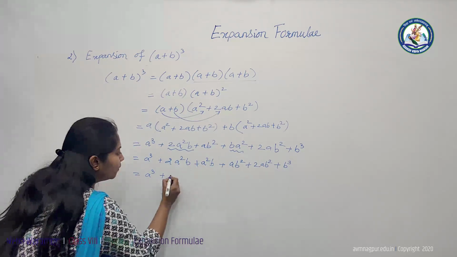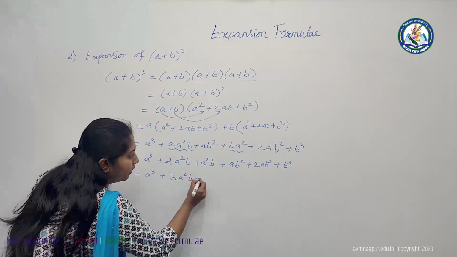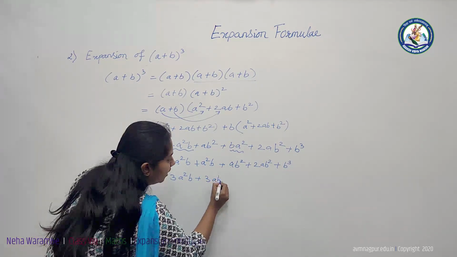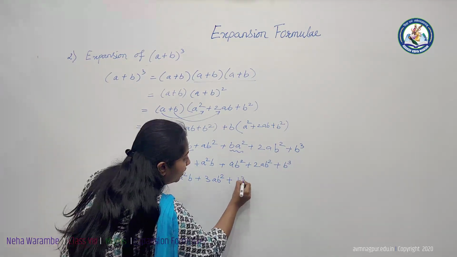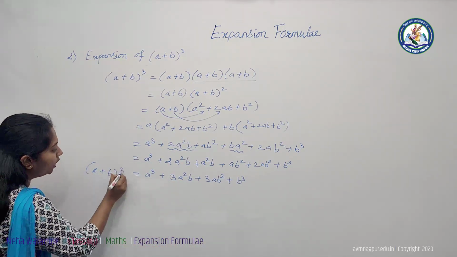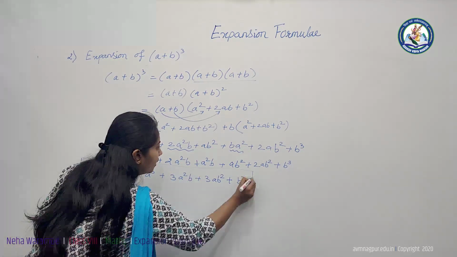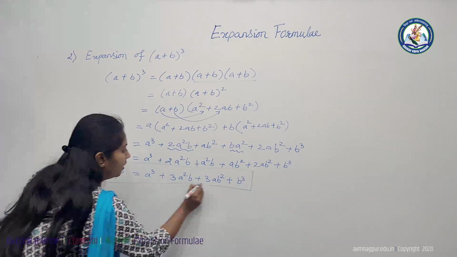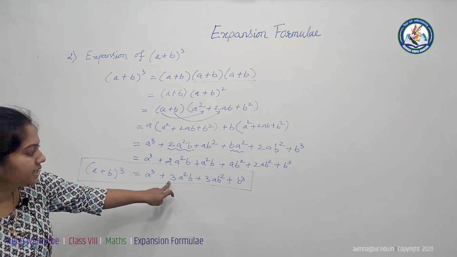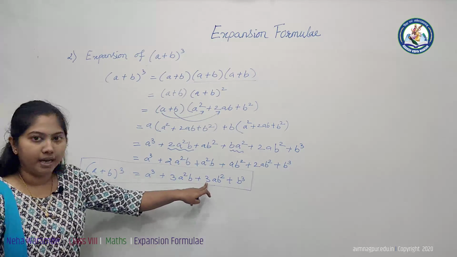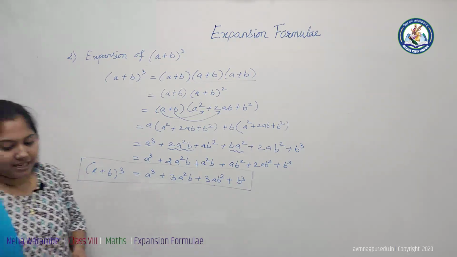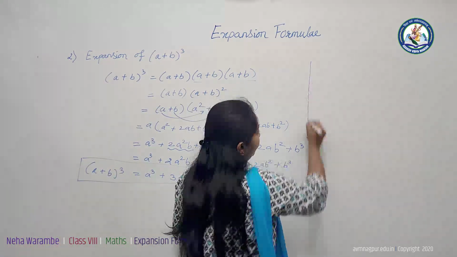Now 2 plus 1 is 3 a^2 b, plus 2 plus 1 is 3 ab^2, plus b^3. Now we know that the expansion of (a + b) whole cube is equal to a^3 + 3a^2 b + 3ab^2 + b^3. Now let's see some examples based on this.